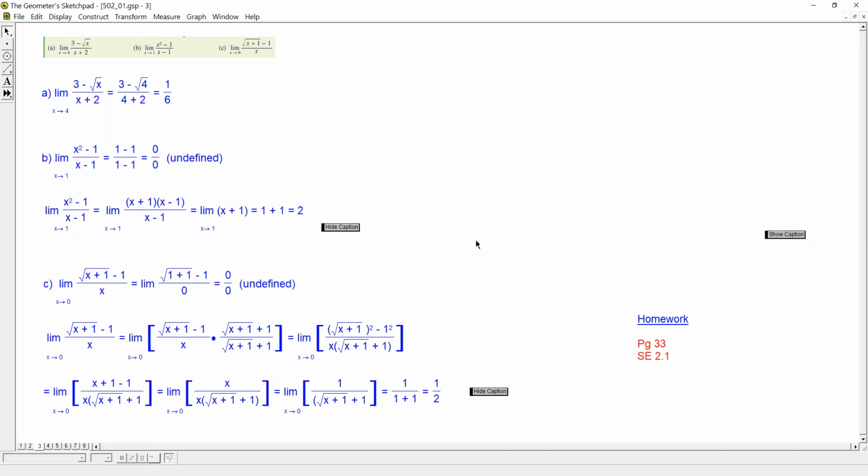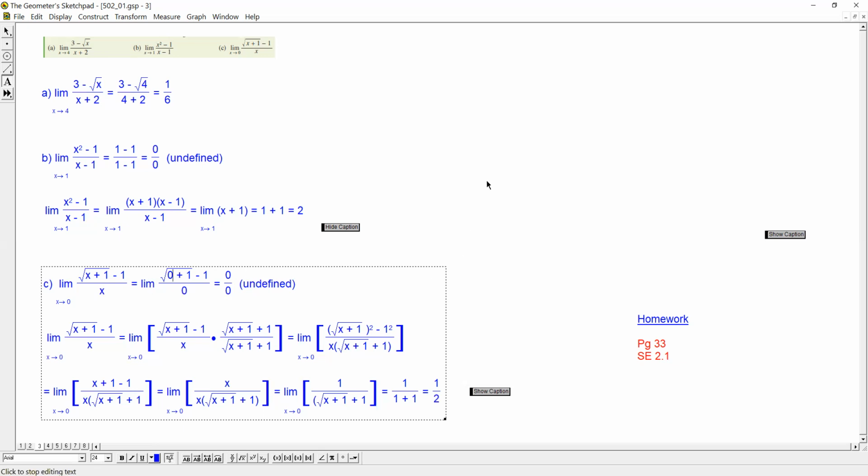Now this x approaches 0, I always try first, put 0 inside first. This is 0, right? So 0 plus 1 is 1. Square root of 1 is 1. 1 minus 1, 0. Bottom also 0. 0 over 0, undefined.